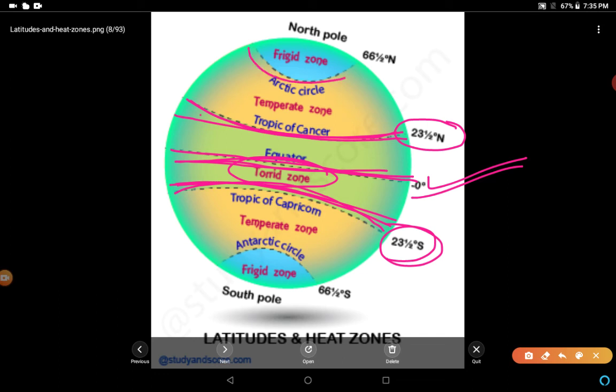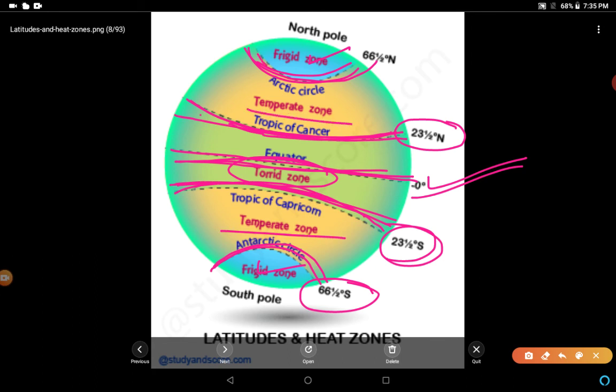Come to another, the temperate zone. The area between Tropic of Cancer and Arctic Circle. Arctic Circle 66.5 degree north and Antarctic Circle 66.5 degree south. This is called the frigid zone. Why? Before the Arctic Circle, Antarctic Circle or Tropic of Capricorn, this is the temperate zone.